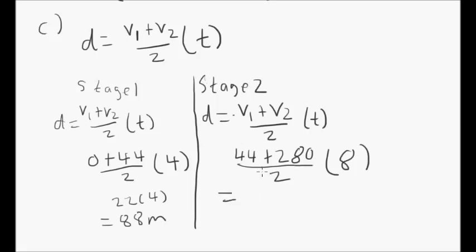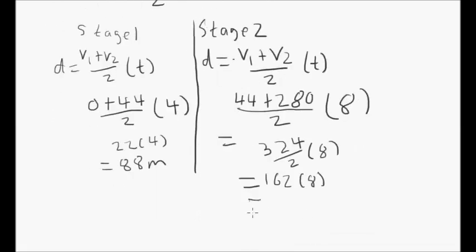Okay, so let's simplify this mathematically. 324 over 2 times 8. And this, I will just use the calculator. 324 divided by 2, and then that is 162 times 8, and I'm using the calculator again because my mind is not strong enough to do this.